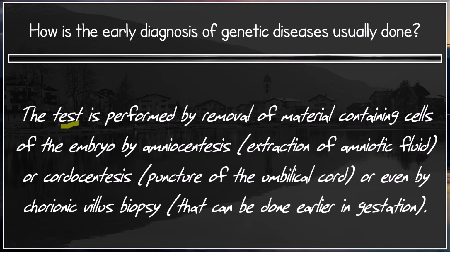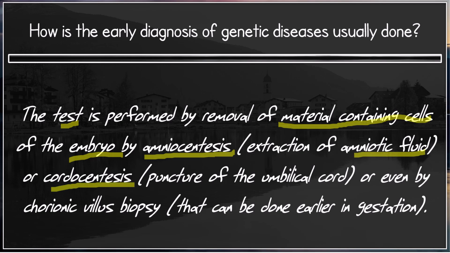The test is performed by removal of material containing cells of the embryo by amniocentesis, extraction of amniotic fluid, or chordocentesis, puncture of the umbilical cord, or even by chorionic villus biopsy that can be done earlier in gestation.